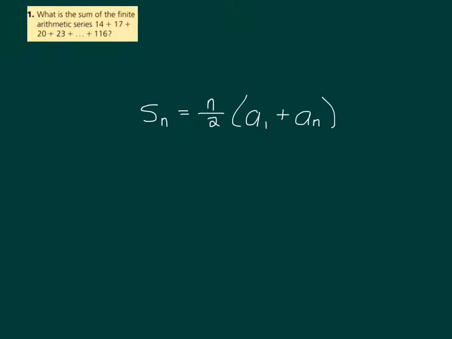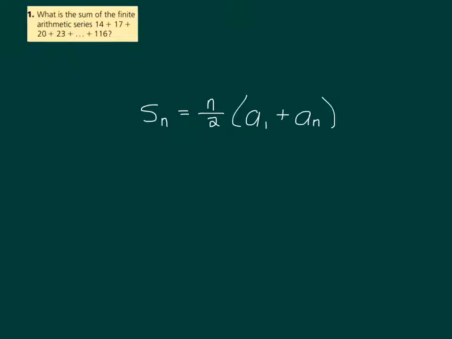The sum of the first n terms is the number of terms divided by 2 times the first term plus the nth term. Here, we are given the first term is 14. The nth term is 116. How many terms are there? We have to figure it out, right? There's a ... here. We have to figure out how many terms there are.